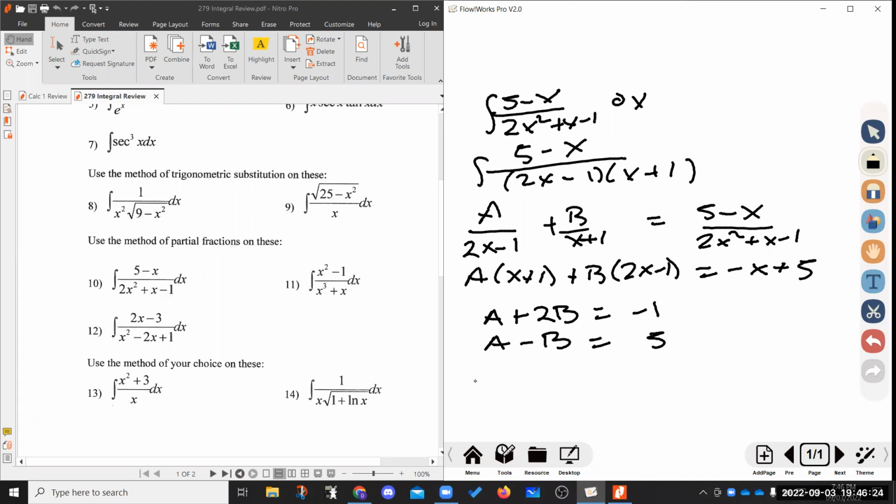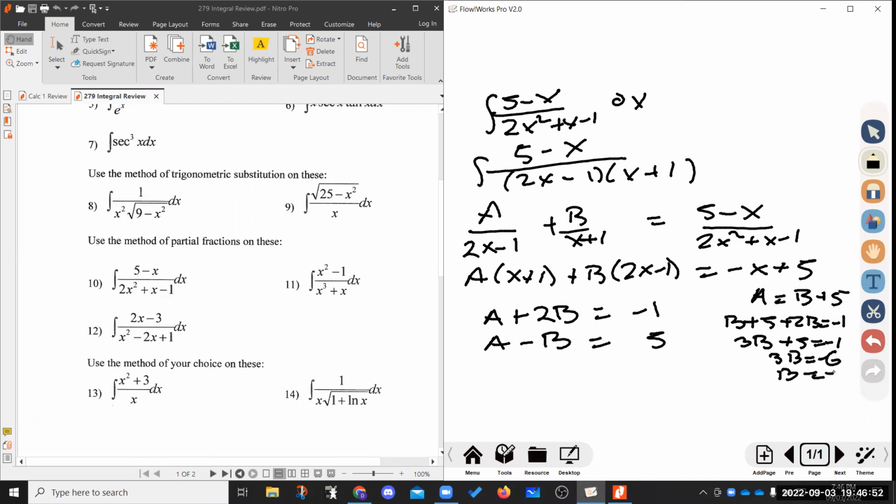I'm going to solve using the addition elimination method. Actually, I'll substitute. Say that A equals B plus 5. And so B plus 5 plus 2B is equal to -1. 3B plus 5 equals -1. 3B equals -6.